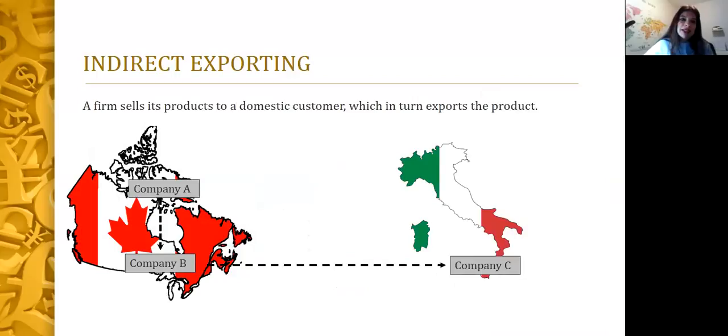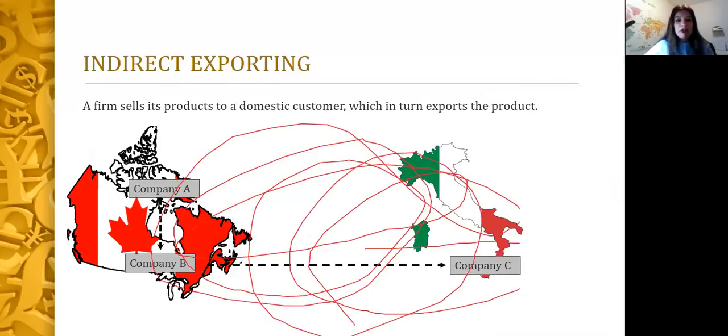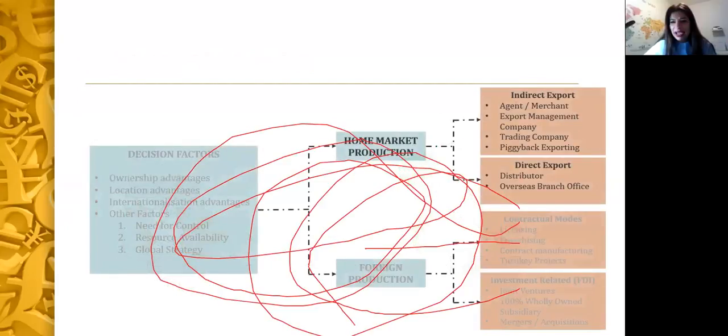So in case of indirect exporting, what will happen is that a firm, it's not made it. Did I do these lines? I'm not sure what happened here, but definitely this is not a part of the presentation. Just a second, somebody got into your screen. Somebody is sabotaging our presentation. Can you figure out who did this? That's not me. It probably happened accidentally.